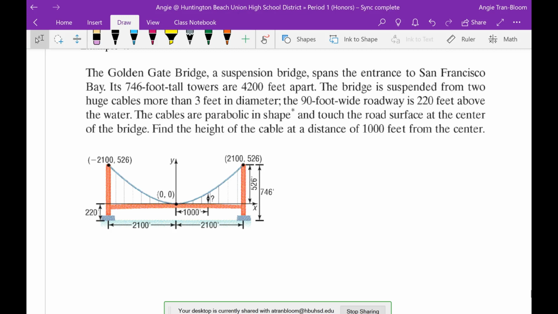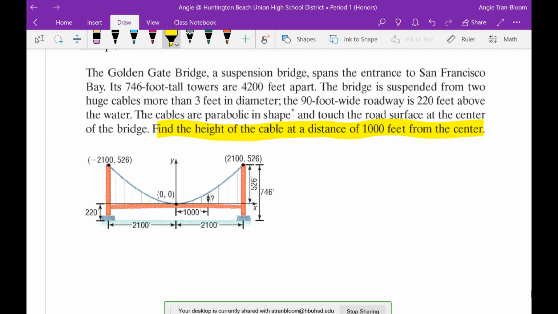Okay. So that's what we're trying to find here: the height of the cable at a distance of 1,000 feet from the center. So here's where we are. How would you attack this on a test? What would you need?